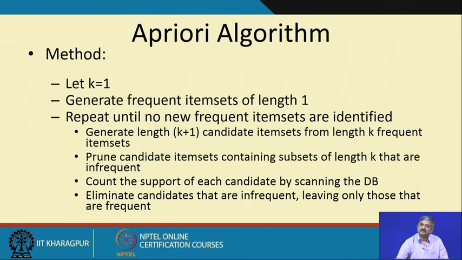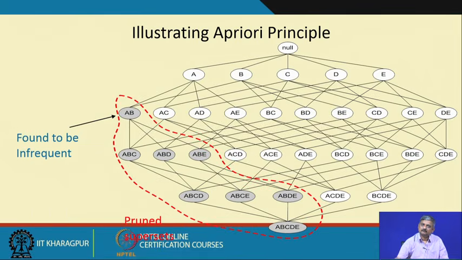If we look at this picture, first I individually find out A, B, C, D, E, which of these are frequent as a single item, and mark only those which are frequent, prune out the remaining lattice.